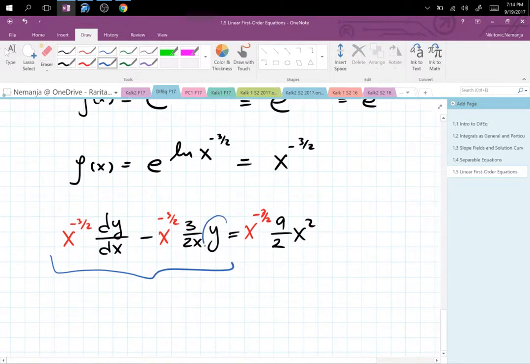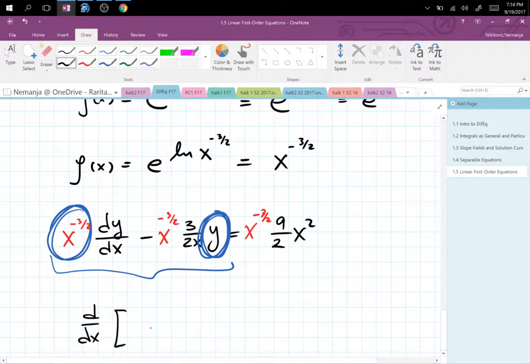Again, I have the function, right? And since this is the derivative, this must be the function. We know that y alone is the function. It's always the case. On the other side, we know that everything but dy dx is a function. So you pick those two, and we have the derivative of x to the negative 3/2 times y, everything equal to whatever this works out.